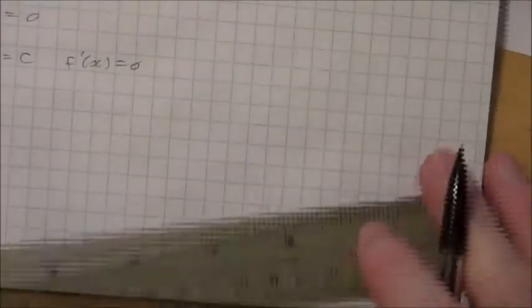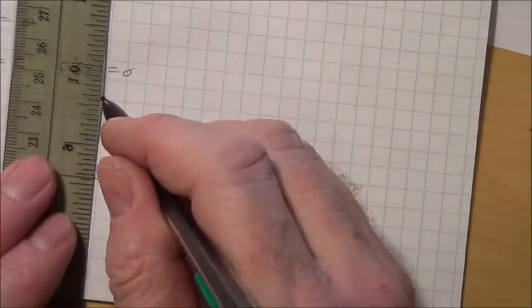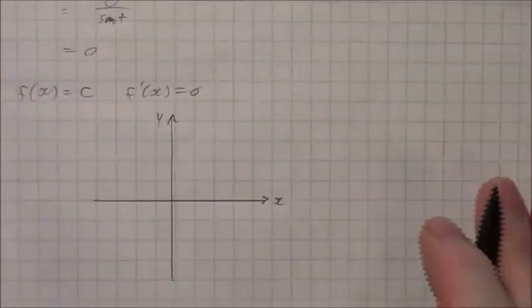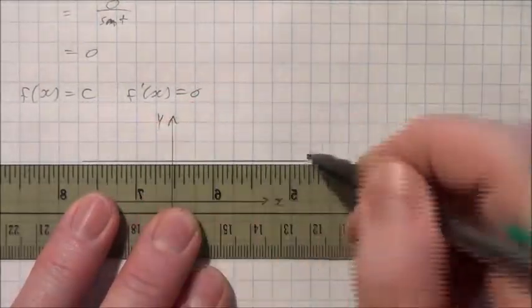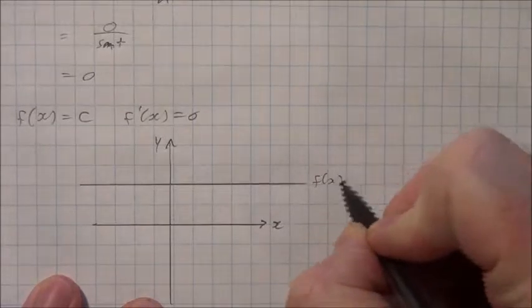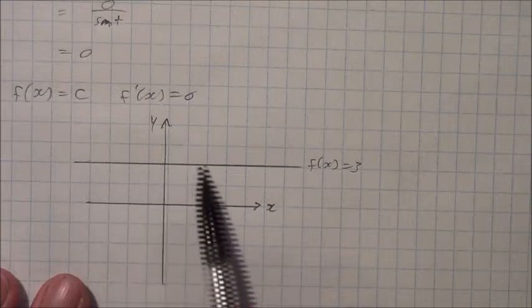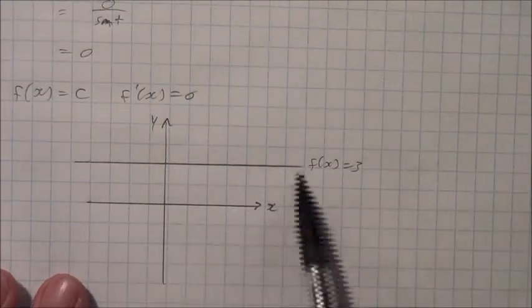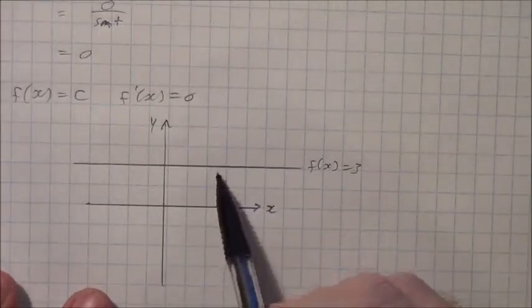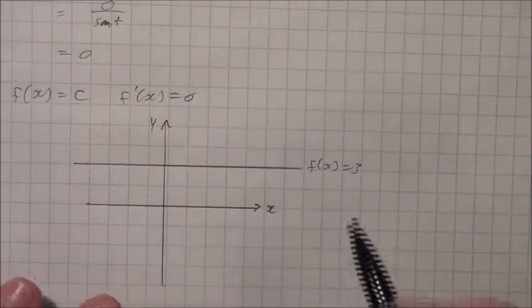So if I have, and I'll just draw a very quick sketch here, some graph, let's say this is 3, so f of x equals 3, you can plainly see that there is no slope to that, there's no gradient. Well, there is a gradient, but the gradient is 0. Slope meaning that there's like no inclination to it.